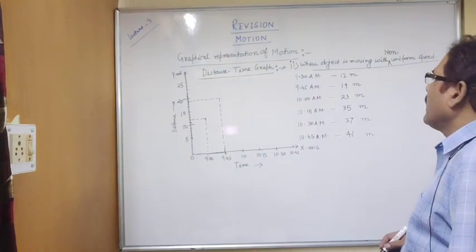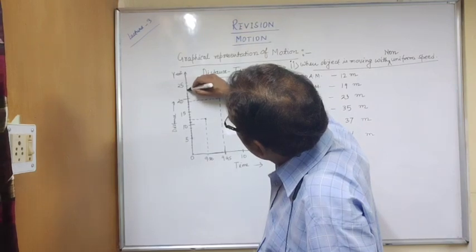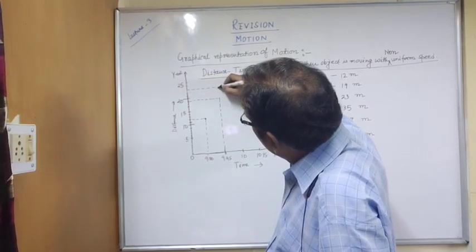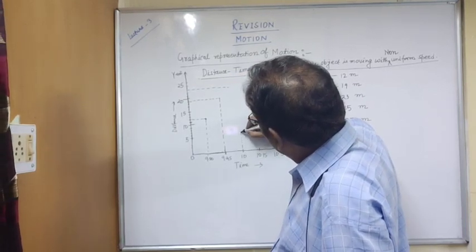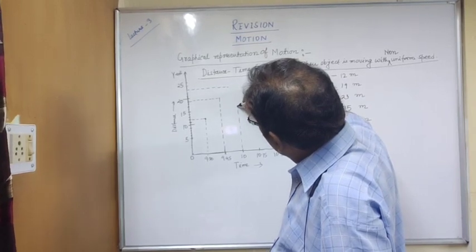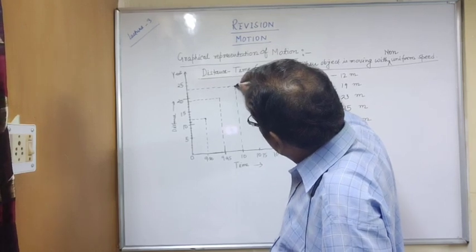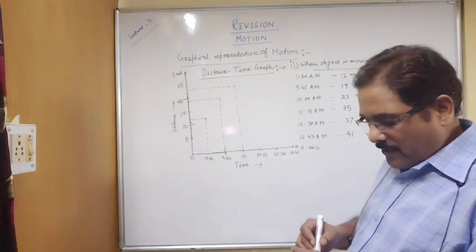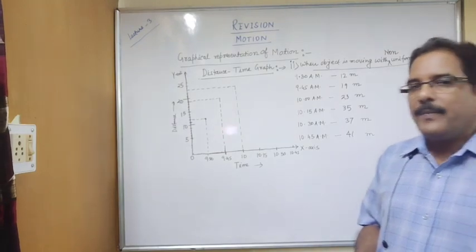Then at 10 am, 23. 23 is here. And then 35. Now if you join these points, you can complete these points in your copy.